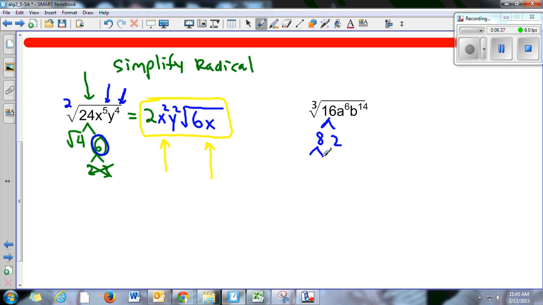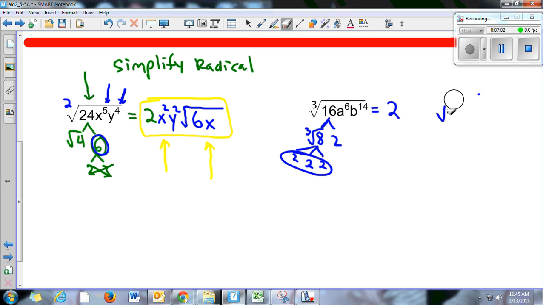Because when you break this down, it's 2 times 2 times 2. You see 3 2's, you see 3 of any factor, and I know that's a perfect cube. So I know the cube root of 8 is 2. Again, I'm going to set up a little cube root symbol behind that.